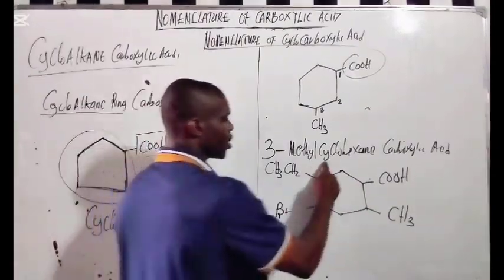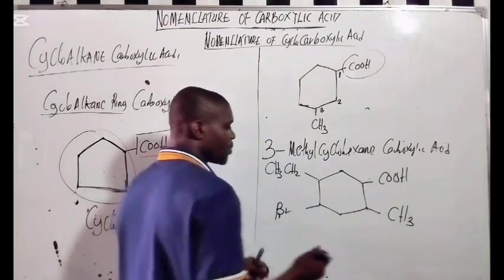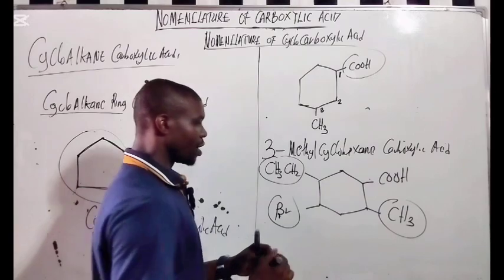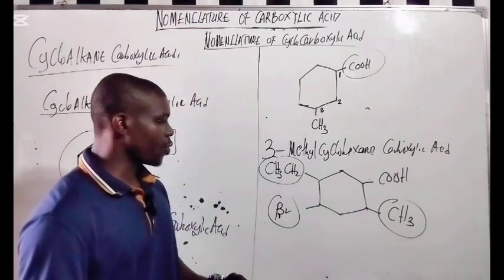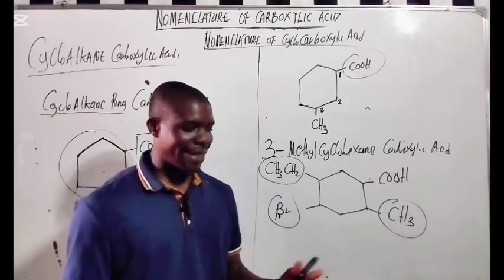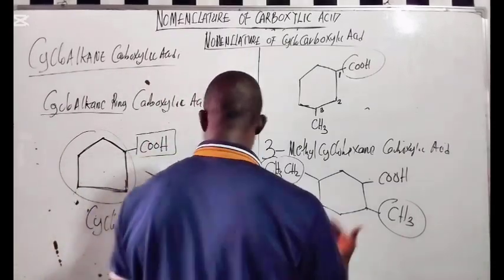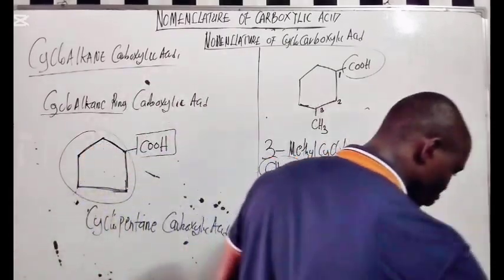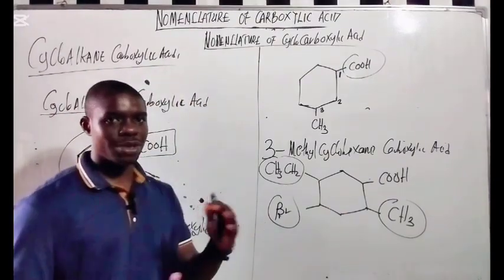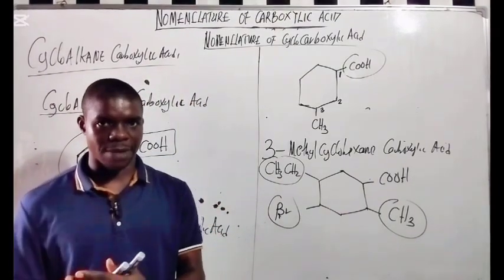Of course, it's a cyclohexane carboxylic acid, but here we now have 3 substituents, and when you number, you must remember that it must have the lowest possible number. But you cannot just choose like that. Because it has multiple substituents, you must number it in both directions first to see the lowest possible number.